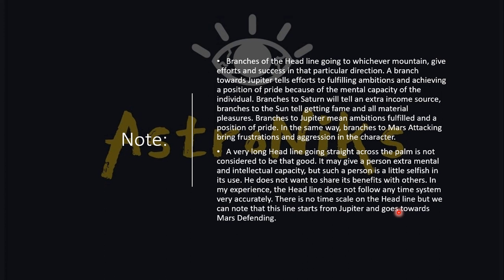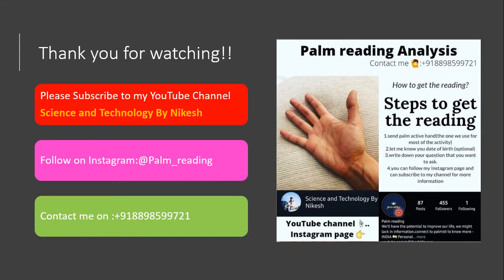In my experience also, a headline does not follow any time stream and is not very predictable for any time, so there is no time scale in the headline, but we can note that all these qualities will be there if someone has this kind of line. We have seen that generally the line starts from Jupiter and goes to the moon area or the Mars defending area. Okay, so this was the palm reading analysis tutorial for the headline.